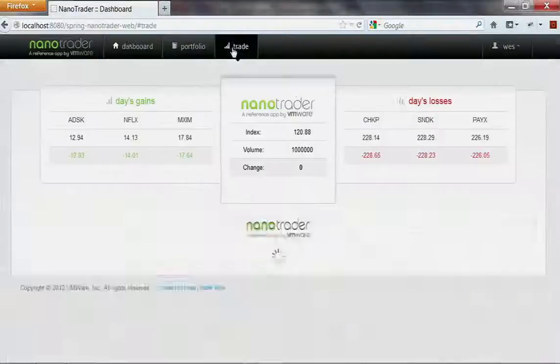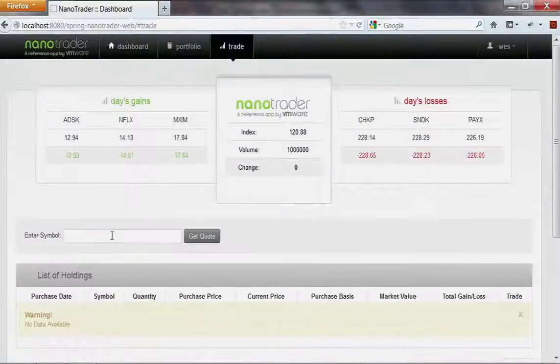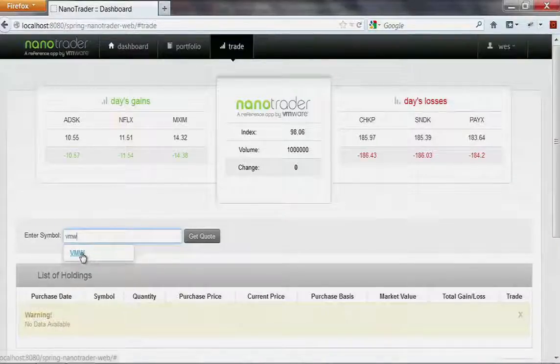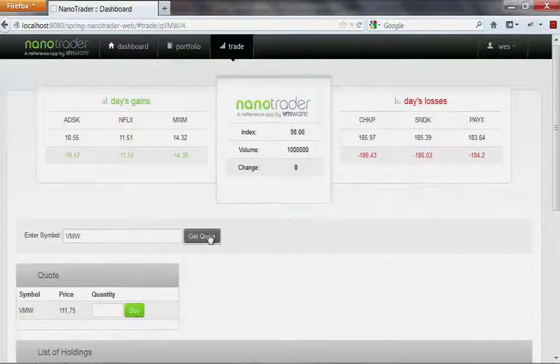So we're going to go over here to trade. The way NanoTrader is set up, let's say we want to trade VMware, we'll get a quote. It's 111.75. I'll hit get quote again. You see that it changed. So the quote bar is going down into SQLFire distributed database.